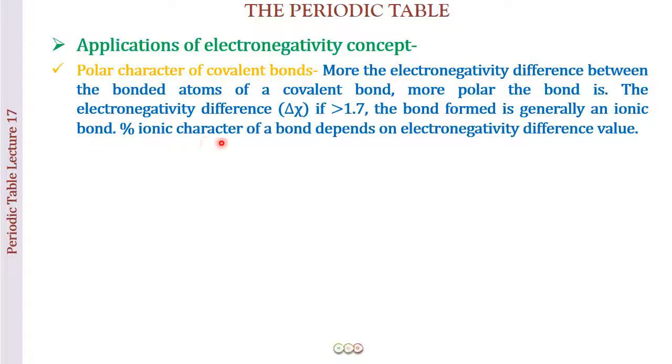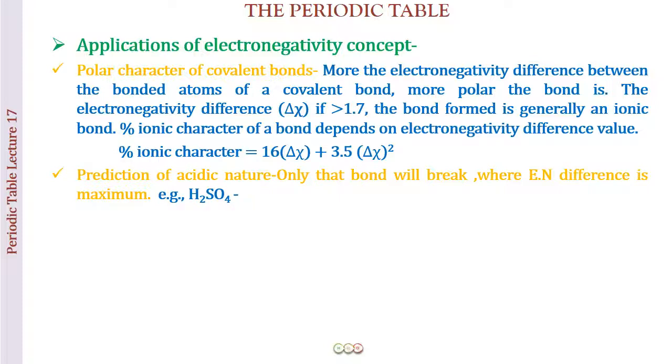And the percentage ionic character of a bond depends upon the electronegativity value according to this formula: 16 into delta chi plus 3.5 into delta chi square. This will give us the percentage ionic character. And also do remember that molecules like H2, N2, Cl2, where the electronegativity difference is going to be zero, are going to be non-polar molecules.